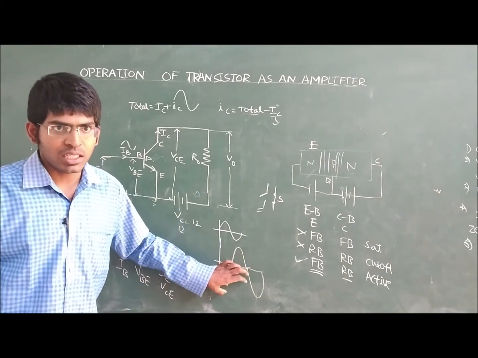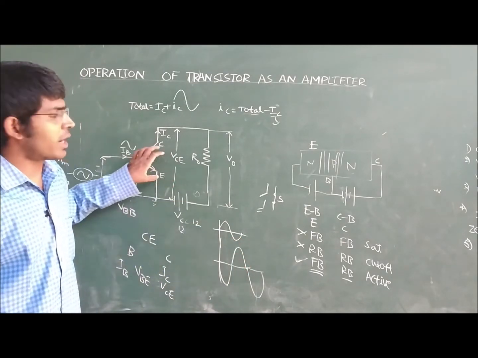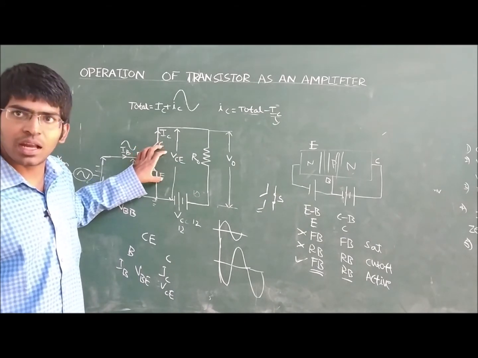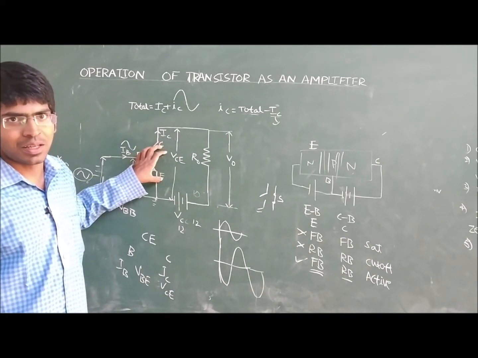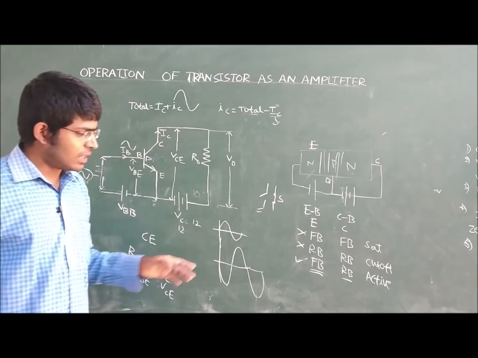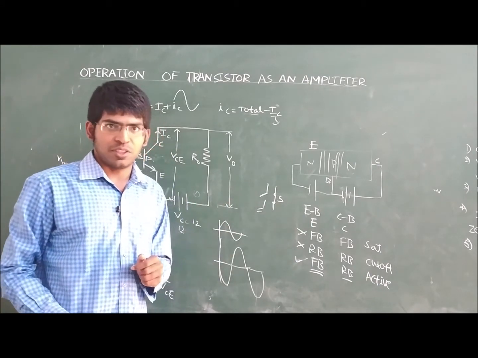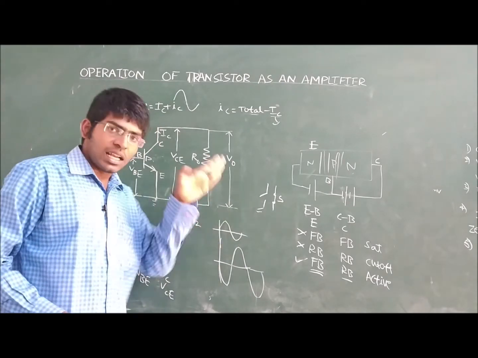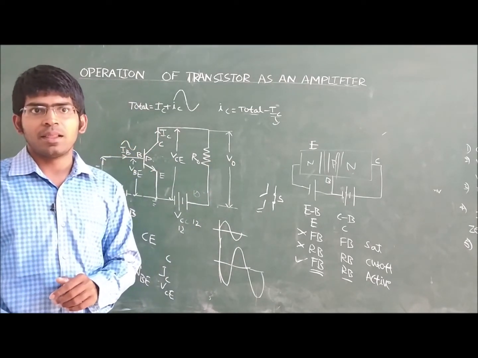This 180 degrees phase shift is observed because we have connected the transistor in the common emitter configuration. If we connect it in the common base or common collector configuration, there is no 180 degrees phase shift. So the signal is amplified, there is no doubt.